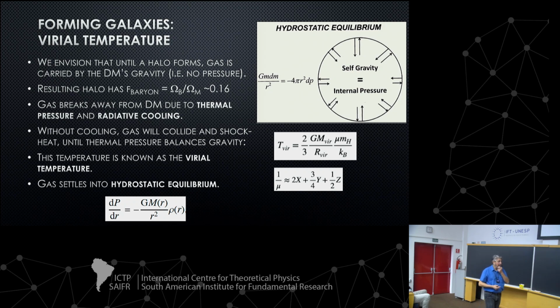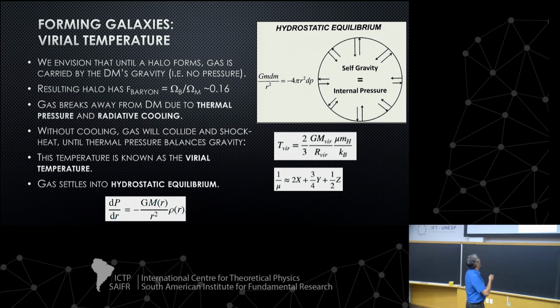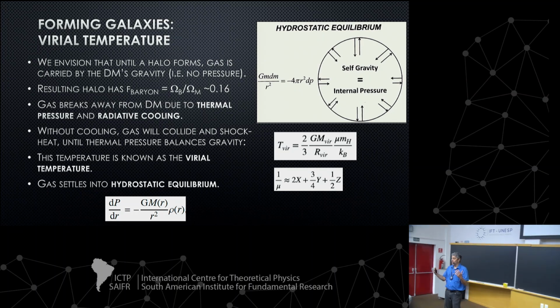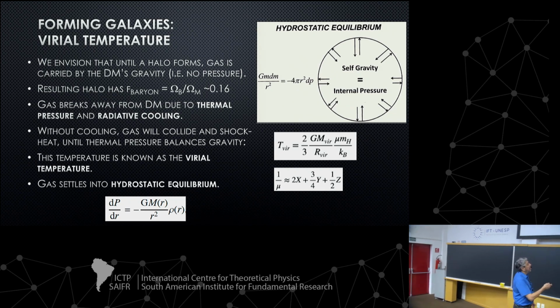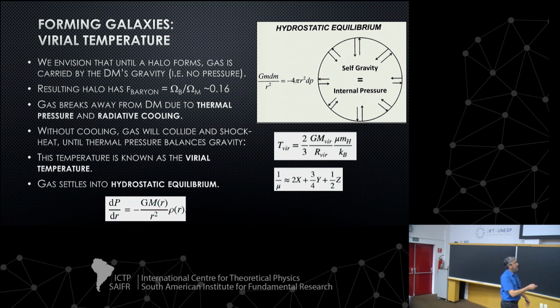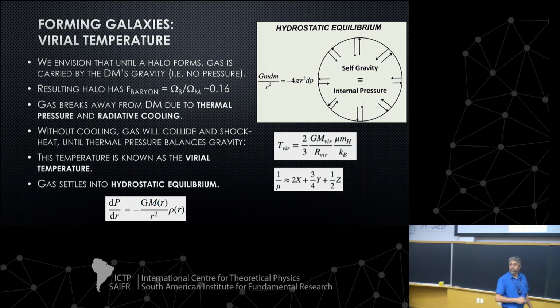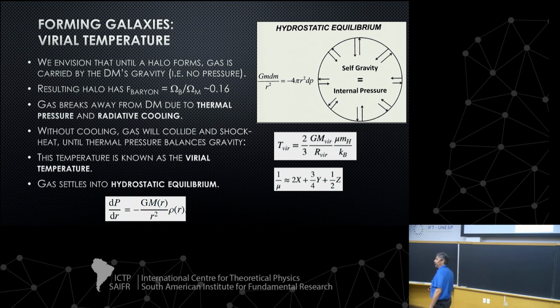Once it starts to shock heat, it has a temperature associated with that. The temperature has to be such that it balances the gravitational potential, right? And you can calculate what this temperature is for a halo of a given mass, M_vir. This is the virial temperature.